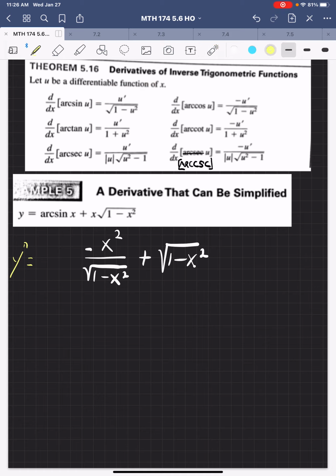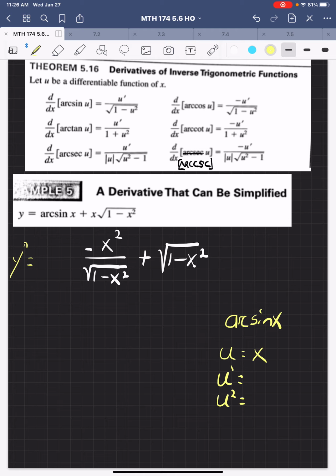So now we'll deal with arc sine of x. I think you'll agree with me, this is fairly easy. If we let u be defined as x, then we need u prime, and we're obviously going to need u squared as well.